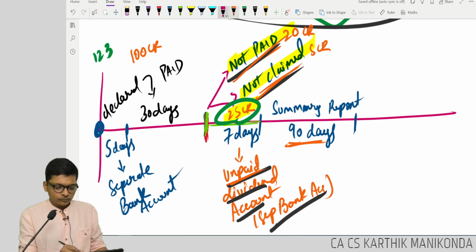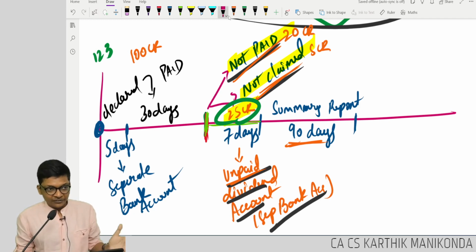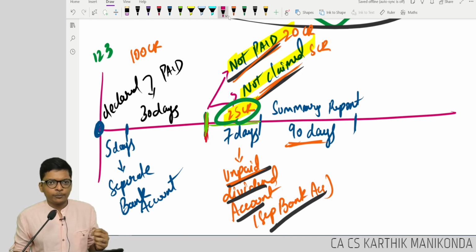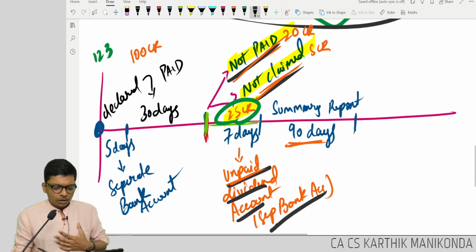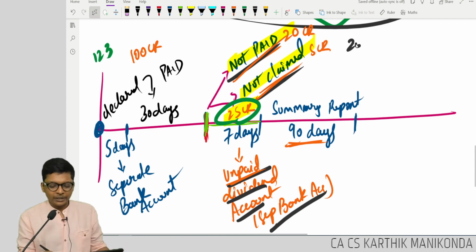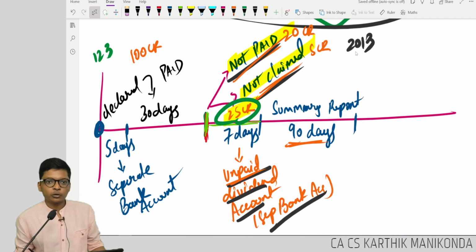Now, next, guys, I'm going to finish the timeline. Then after preparing the summary report, let's say I think around 2013, when I was in my CA inter days, I was going through my house cupboard and I found one bag in my house. Not cash.